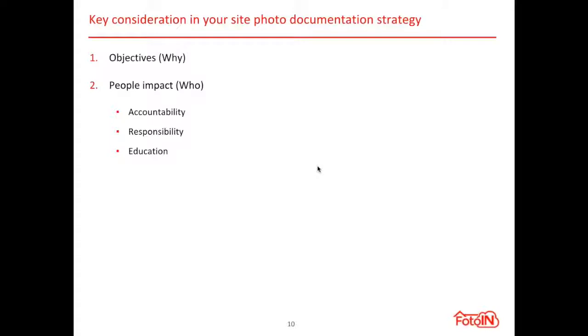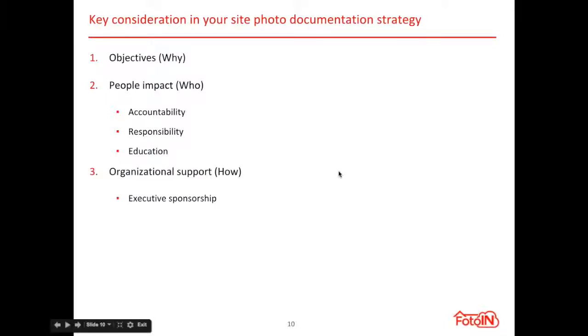So if we have visual proof of what is being done, and it becomes more of a behavior and an organizational attitude towards risk management, it will impact people, but let's consider that in the strategy of what we want to do in terms of photo documentation, and really understand who's supposed to do what, and how the whole team, from the foreman and superintendent all the way to the high-level executives, is going to hold everybody accountable to get it done right, so that it can actually create the benefits that are desired.